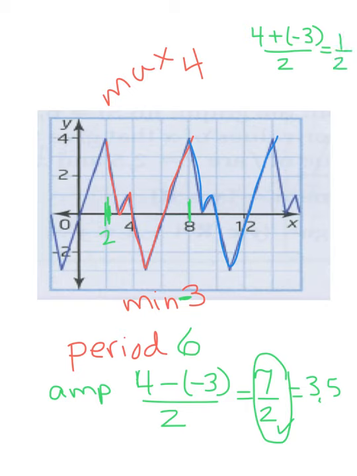Now 1 over 2 would be about right there. And we call that the equation of the axis. In this particular case, this would be y equals 1/2.